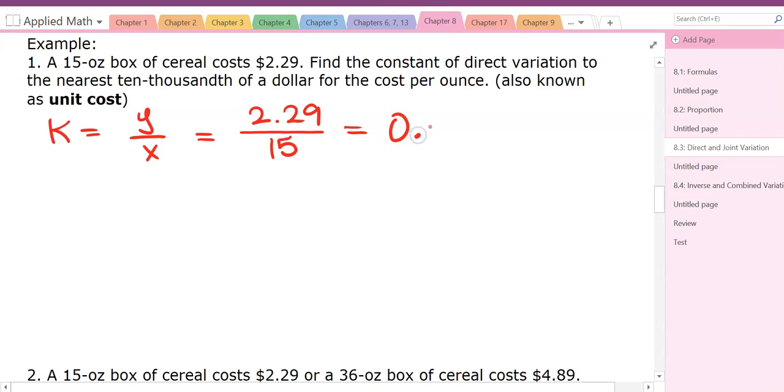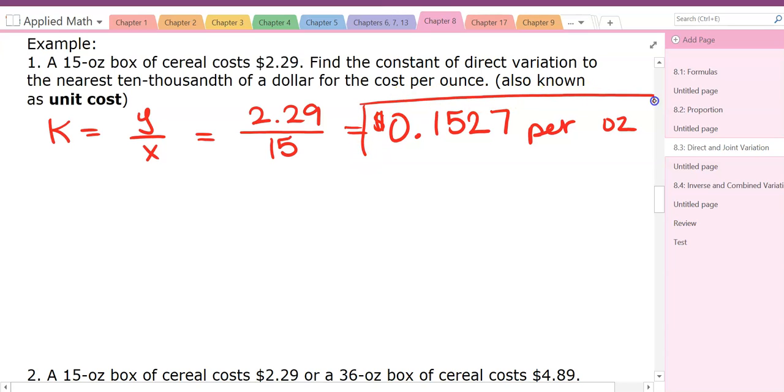It'd be 0.152, and since it's 6 repeating, I'm going to round up to 7. This is cost per ounce. So it's a little over 15 cents an ounce for this box of cereal.